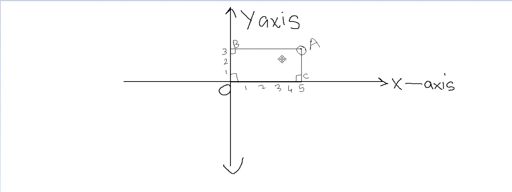So the distance of point A from the y-axis is 5 units, and the distance of point A from the x-axis is 3 units. Hence, we can tell the position of point A with the help of its distances from the coordinate axes.